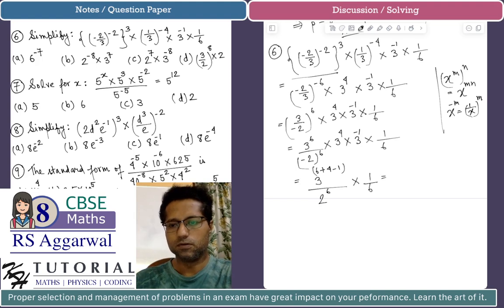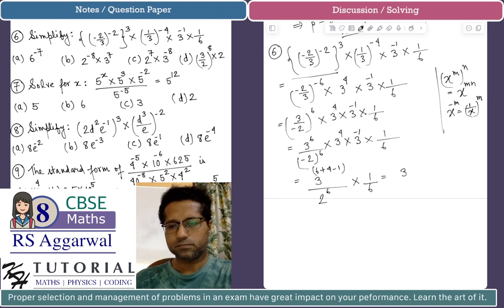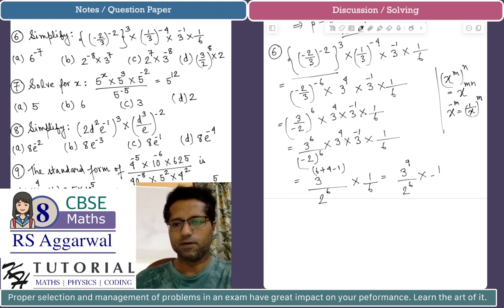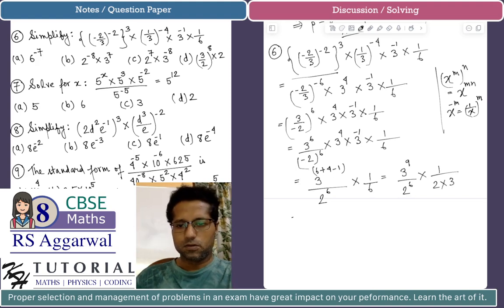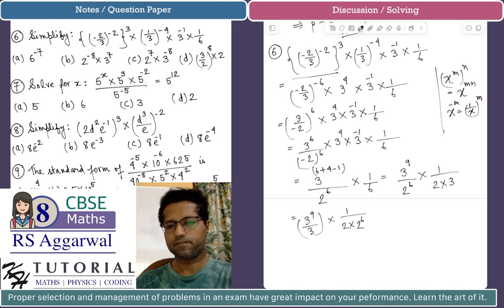So this is equal to 3 to the power 9, divided by 2 to the power 6 multiplied by 1 by 6, which is 2 multiplied by 3. So then this becomes 3 to the power 9 divided by 3 multiplied by 1 by 2 multiplied by 2 to the power 6.